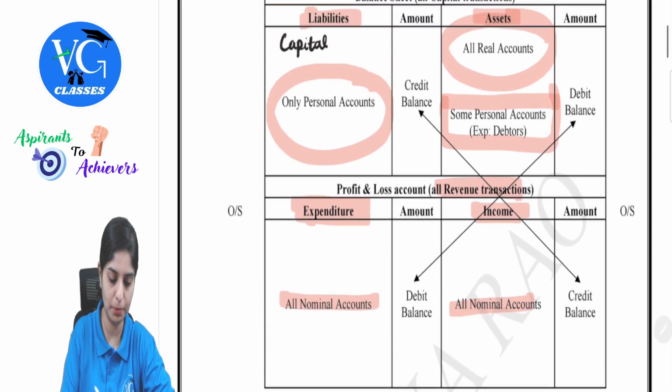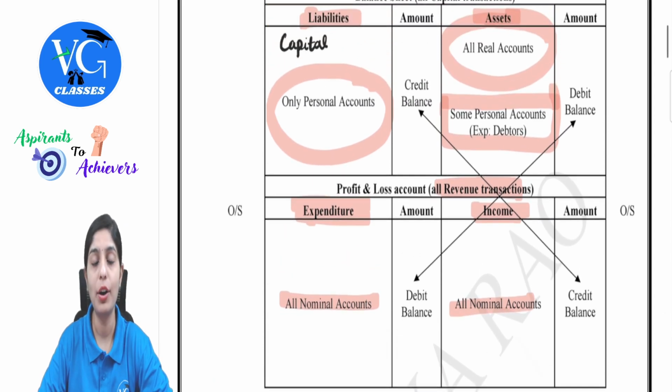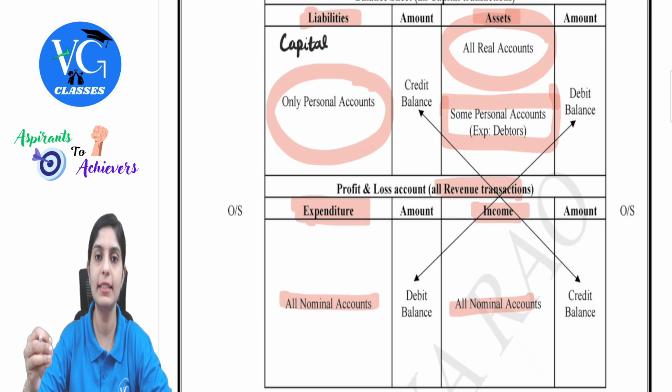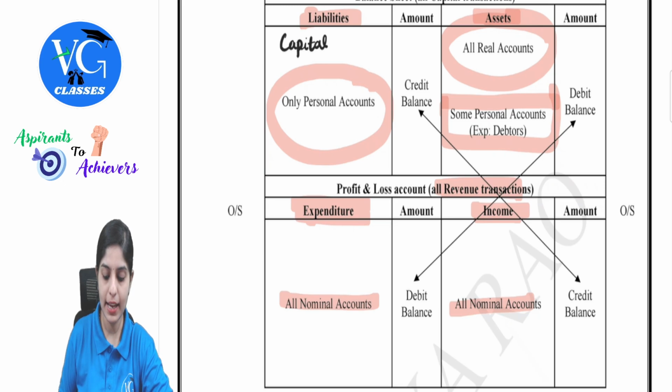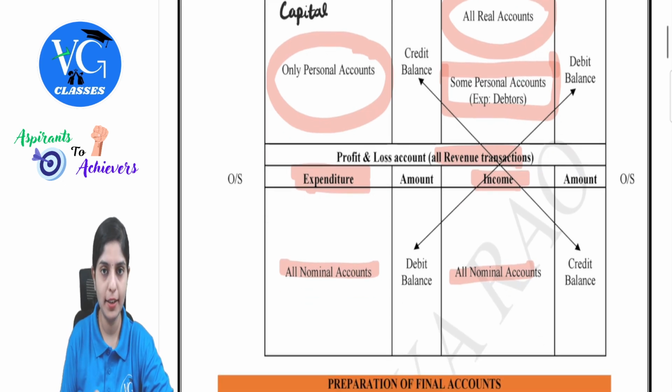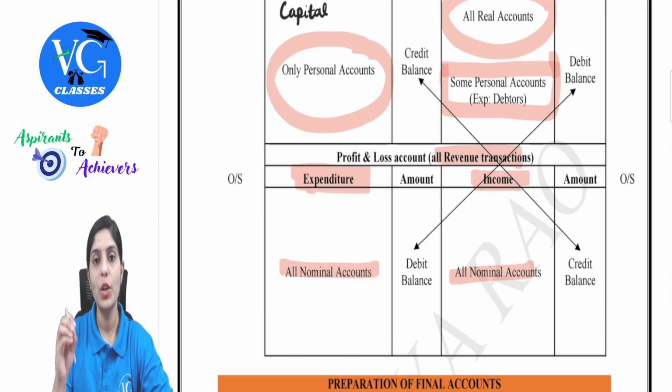Now here, if you observe, depending upon the accrual concept, we will have to record the transactions or events based on their occurrence, that is, in the current year. So as a consequence, there could be items of expenditure or income pertaining to the current year.